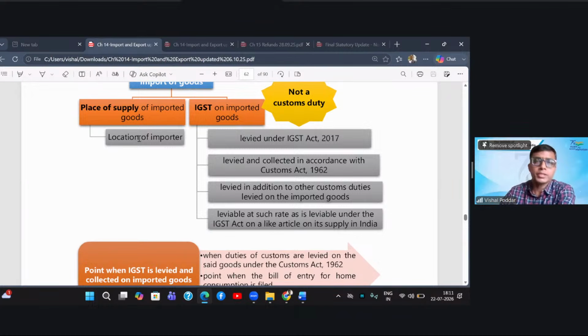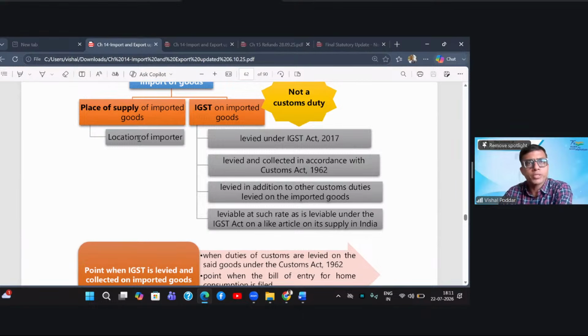This is as per section 11 of the IGST Act. Now here, students, I would like to draw your attention to one important point. It is not the location of import. It is the location of importer.